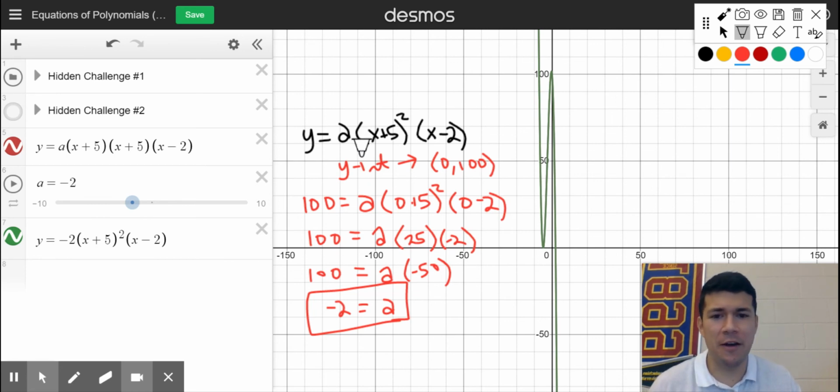To algebraically find that value of a without using a slider, what we would need to utilize is a coordinate that we know, and we don't want to use our 0 coordinates. We don't want to use the zeros in the problem because they'll end up giving us outputs of 0. So I chose the y-intercept of this function. The y-intercept is (0, 100).